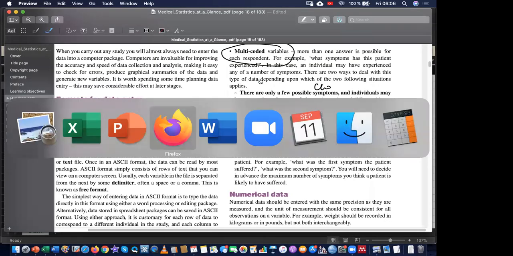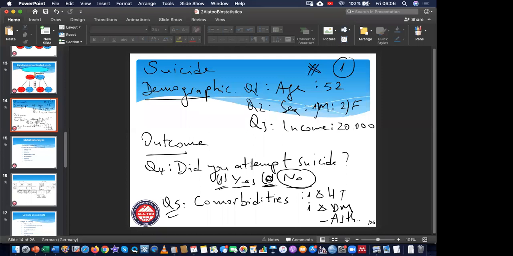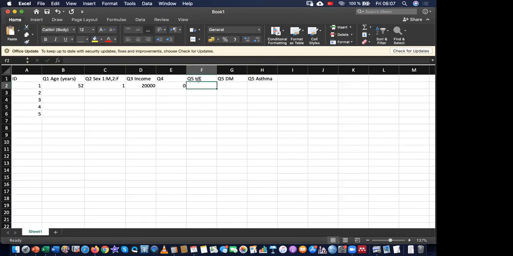What I do is I treat each choice as an individual question. As it is, this question 5 is actually composed of 3 separate questions. Do you have hypertension? Do you have diabetes? Do you have asthma? These are 3 separate questions, actually. Therefore, I coded them as separate columns.